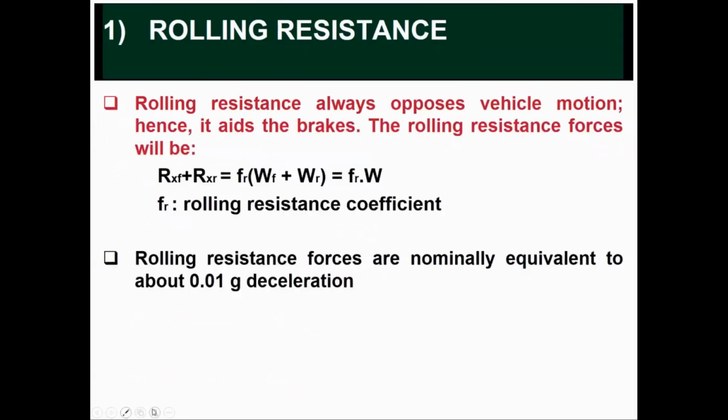Okay, we go to the first, which is rolling resistance. Meaning that the rolling resistance always opposes vehicle motion, hence it aids the brakes. Okay, tu you kena ingat. Maksudnya, contoh, okay, we have a wheel, dia rotate sebelah sini.